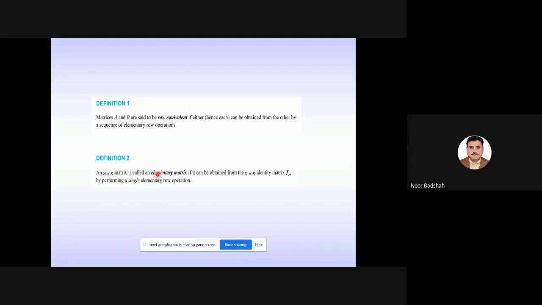Right. Now we come towards the elementary matrix. What is an elementary matrix? If we take the identity matrix of any order, 1, 0, 0, 0, 1, 0, 0, 0, 1, and we apply only one row operation on it, whichever, but only one row operation.